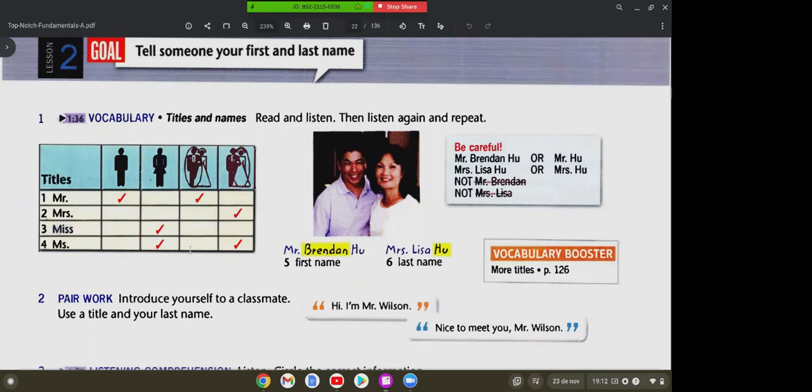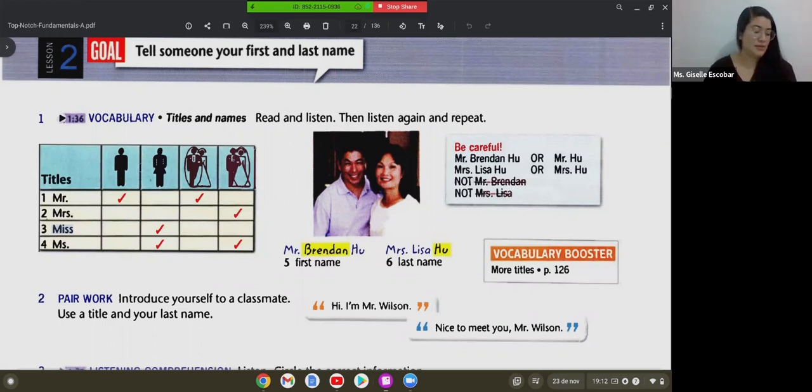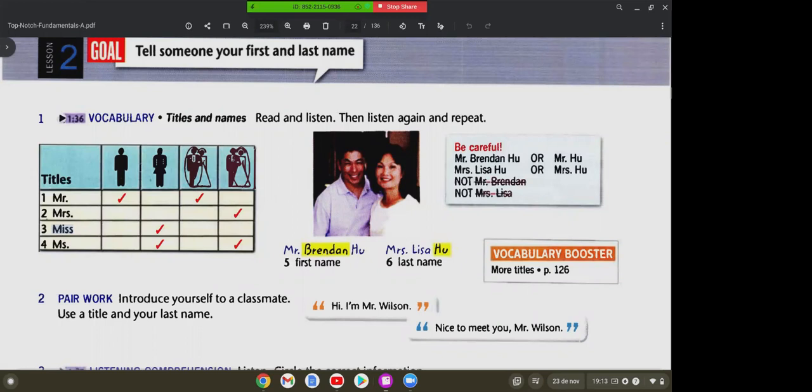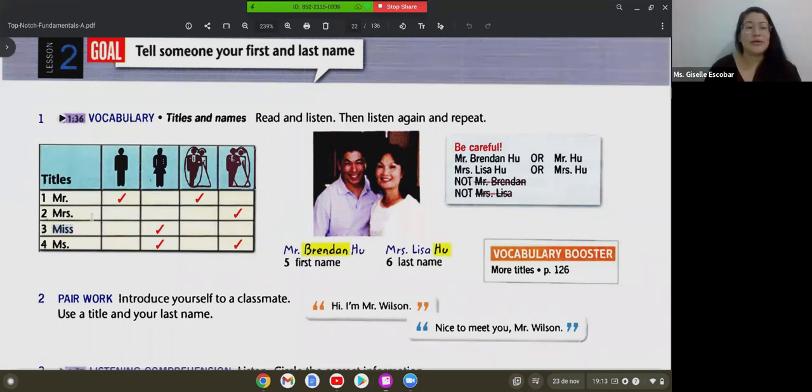What about Miss? ¿Qué significa Miss? Señorita.